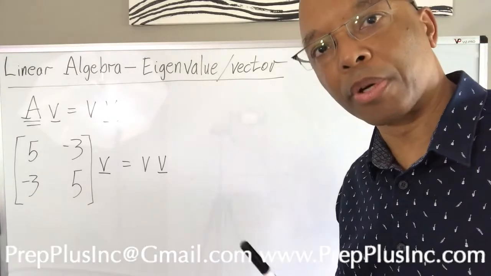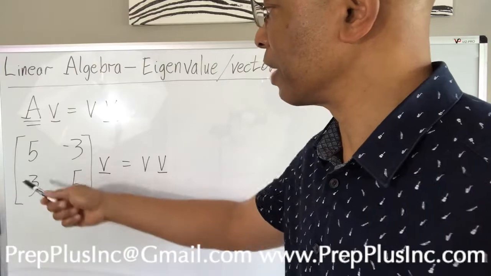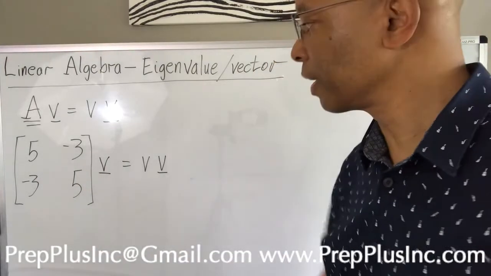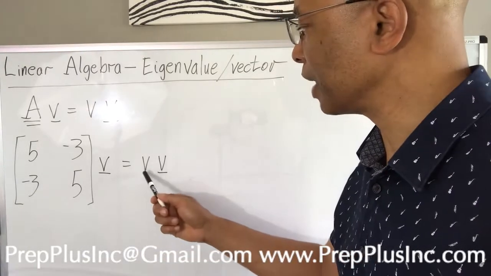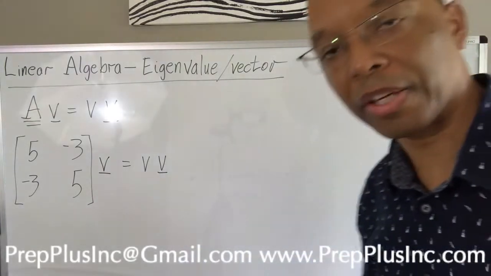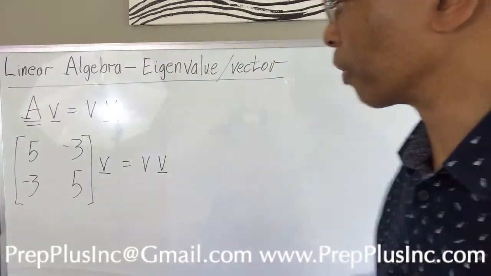And in the problem we are given the matrix A. The matrix A is this, 5, minus 3, minus 3, 5, times the eigenvector V equals an eigenvalue times the eigenvector V. So let's go ahead and move forward.